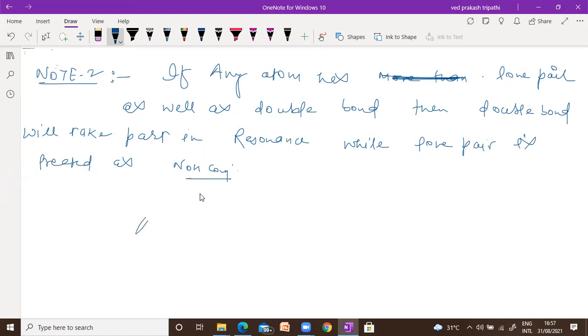Like this. Suppose you have a lone pair as well as a double bond. You can check here. First of all, apply the double, single, double concept. Suppose this is double or lone pair or double, you can assume any one. Double, single and double.